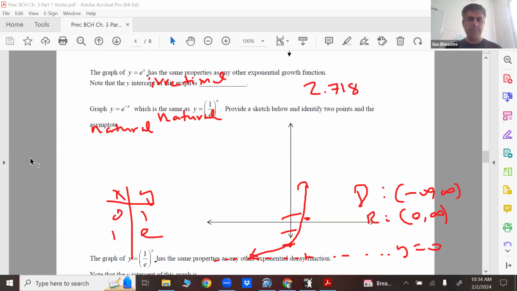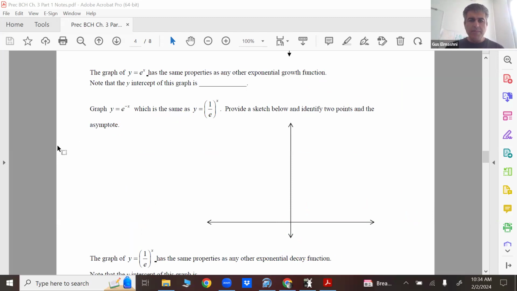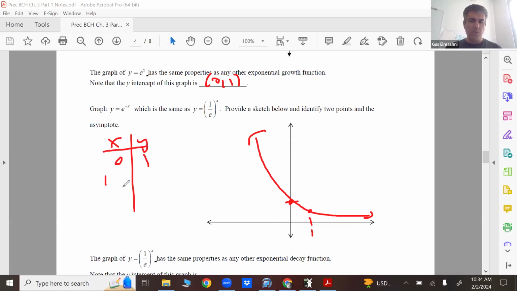Next up. The y-intercept is 0, 1. That doesn't change. If you have e to the negative x, you just flip it. Not a big deal. 1 over e is roughly 1/3, like 0.3, I think. So again, you have 0, 1, and 1, 1 over e.